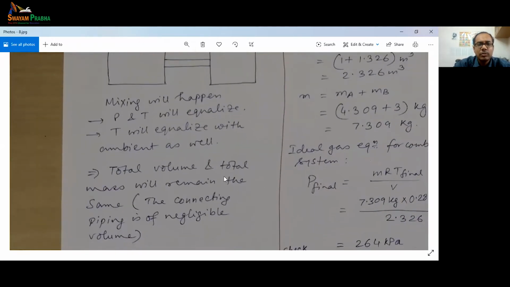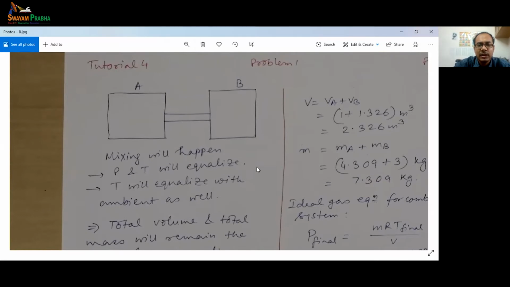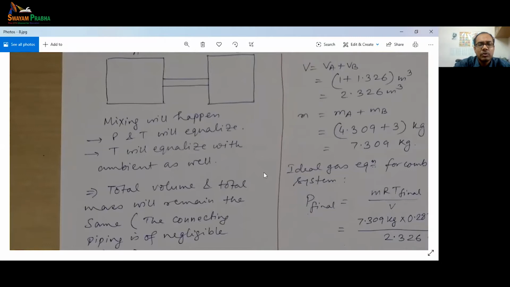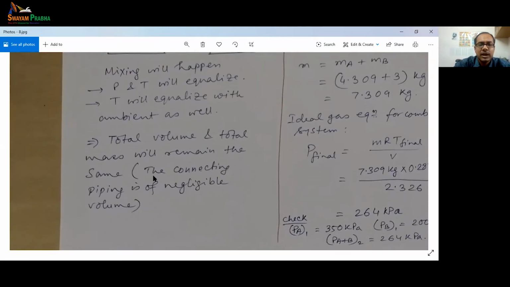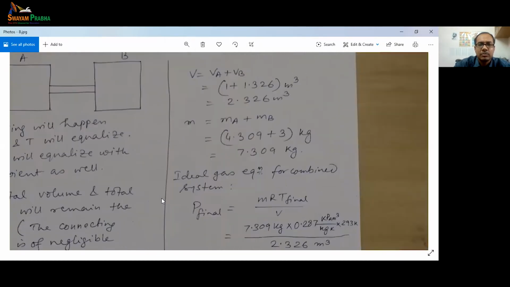Now the total volume and total mass will remain the same, right? Because overall it's a rigid tank, nothing is going in or coming out. So the total volume and total mass will remain the same. So we are only assuming that the connecting piping is negligible in volume. So basically these two tanks are so huge that this piping will not contribute much.